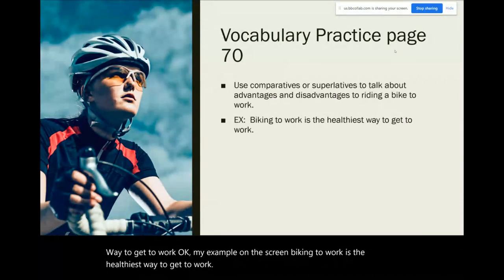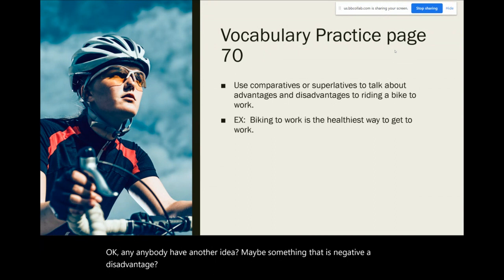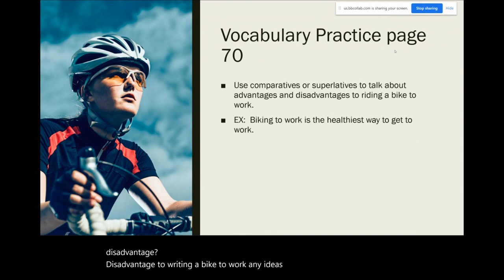Okay. Anybody have another idea? Maybe something that is negative, a disadvantage. Disadvantage to riding a bike to work. Any ideas for that one? Riding a bike is more dangerous than driving a car. Oh no, you already used that, right?